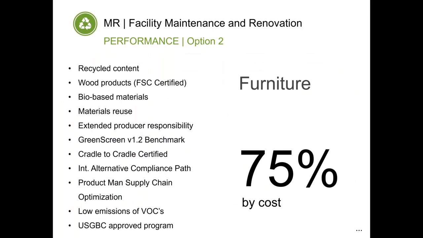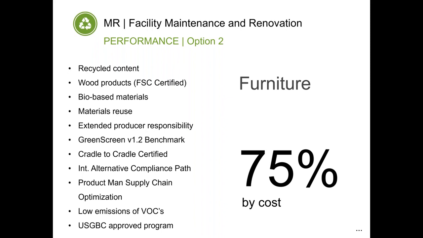Here's option 2 for facility maintenance and renovation. We're looking at furniture here. So 75% by cost. So total cost of furniture, 75% of that furniture cost must be compliant with these criteria listed on the left here. Again, recycled content is a big one where you can really increase that percentage.